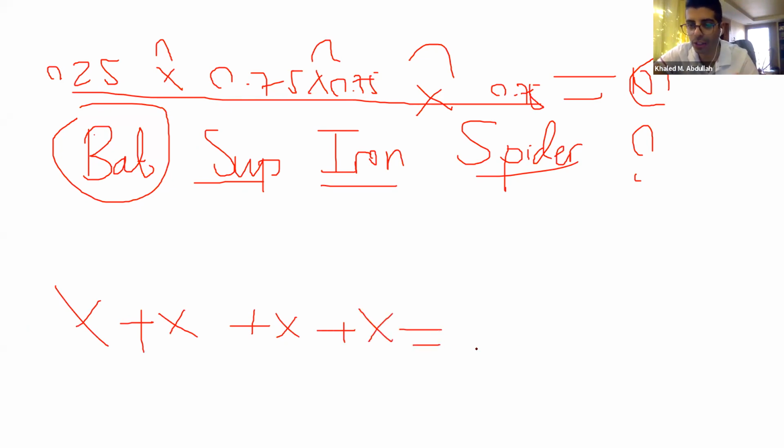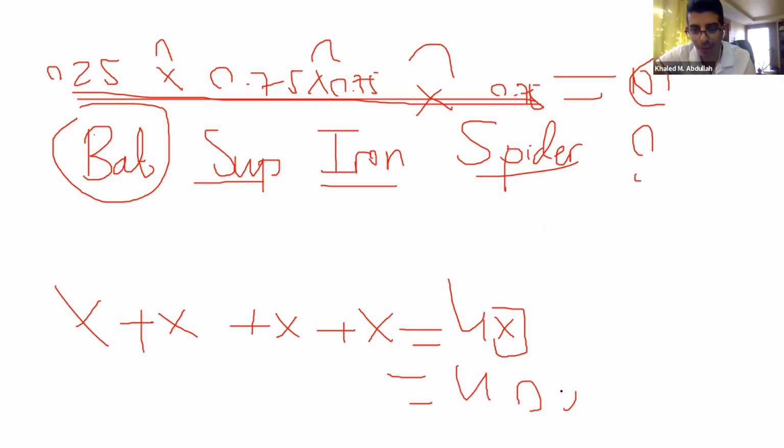It's 4 times X, so 4x, right? So if one of these is 10% and that's our X, then it's going to be 4 times 10%. So the ultimate answer to that question is going to be 40%.